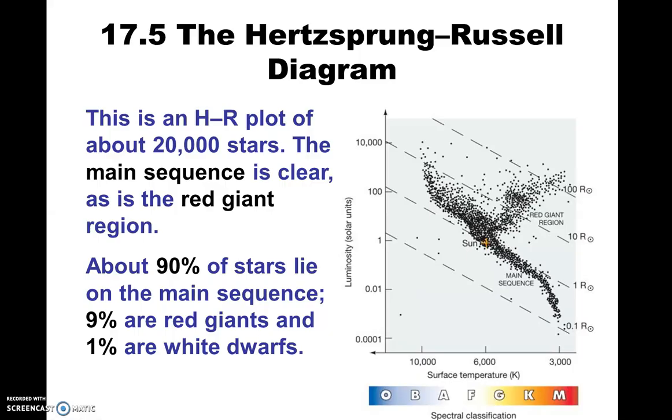All right, and we'll talk about the evolution of stars. We're just starting this journey into understanding the evolution of stars. In fact, that's exactly what the HR diagram is. It's a snapshot of the stars at various stages in their life cycles.